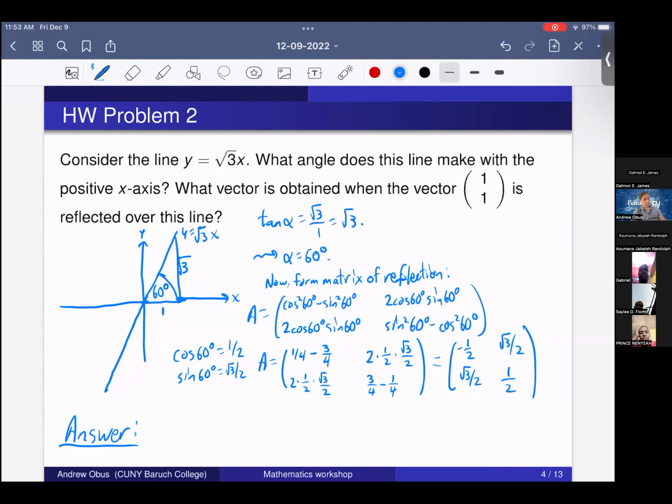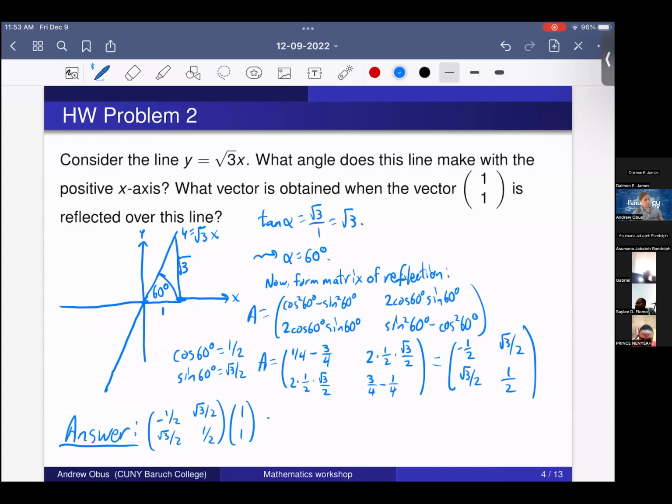Well, we're going to have to multiply the matrix by the vector, right? The matrix tells you how to reflect. So if we do this, we get minus 1/2, root 3 over 2, root 3 over 2, 1/2, and we multiply this by the vector 1, 1.